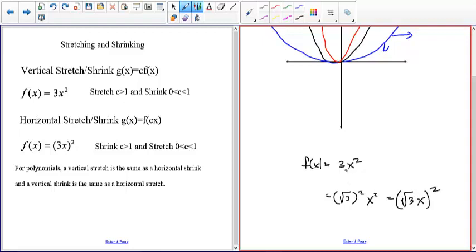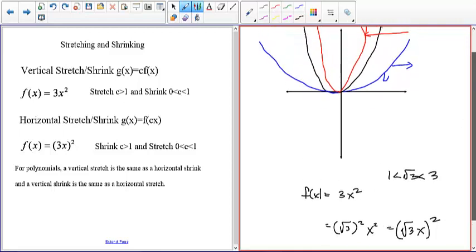So this is outside the parentheses. This is inside the parentheses. In both cases, the square root of 3 is greater than 1, and 3 is greater than 1. So when you have a number here that's between 1 and infinity, whether you move this constant inside or leave it out, you're still doing the same thing. You're still stretching. You're still deforming it in the same direction.